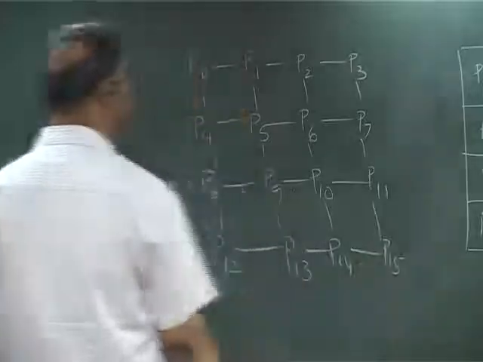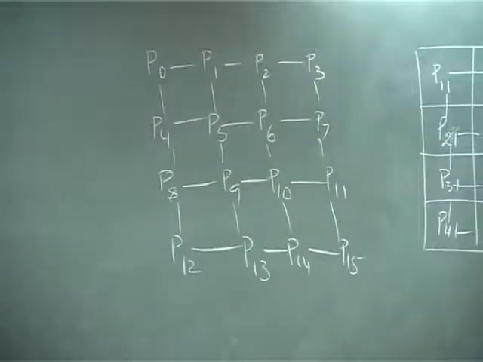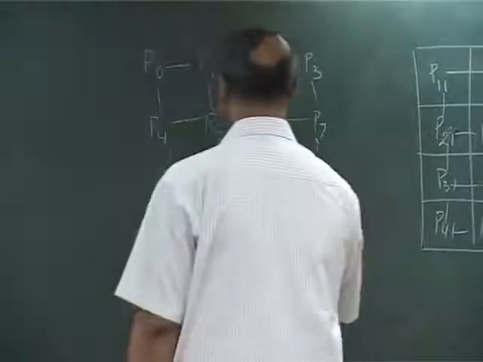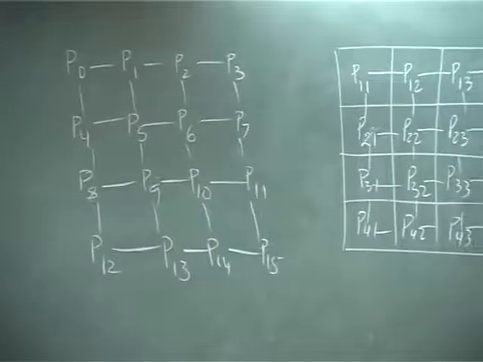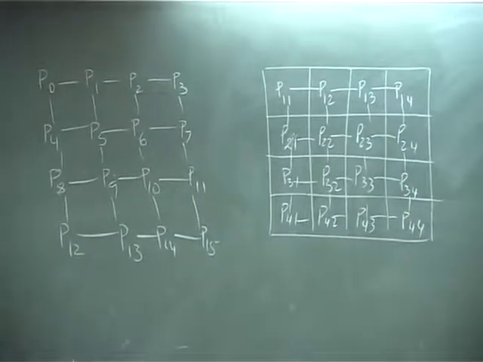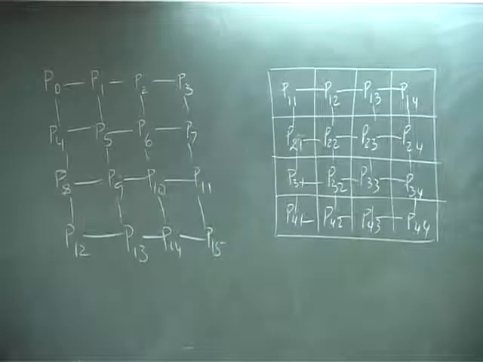Right? So we have to find out the relationship between, say, P9 should occupy the position or the processor at the third row and the second column.